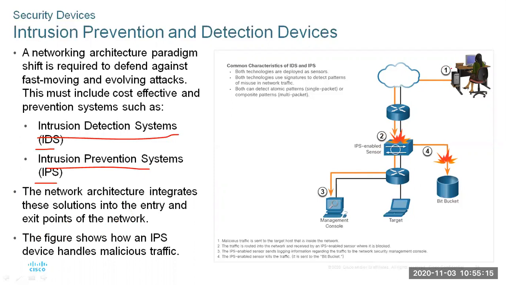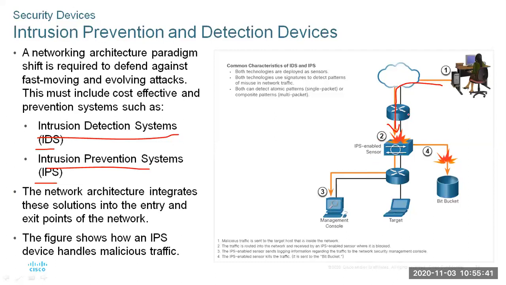As you can see here, the traffic comes, this is like the intruder. It comes from the internet, and then it comes through your edge router. Once it meets the intrusion prevention system, it is blocked from going further. This is like the firewall.